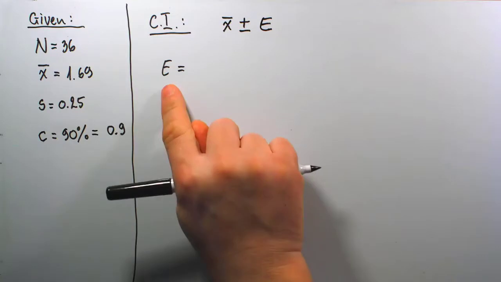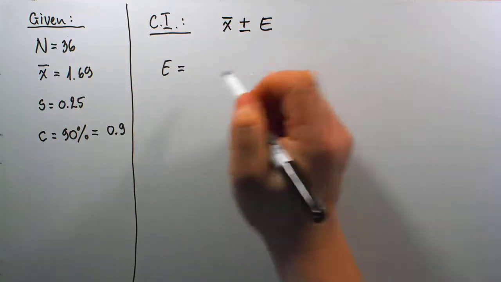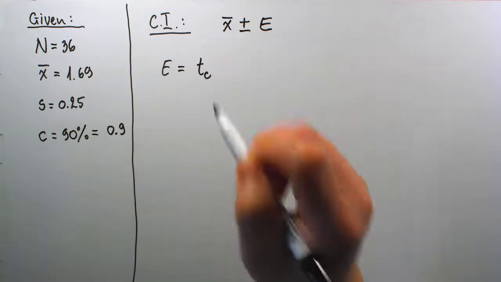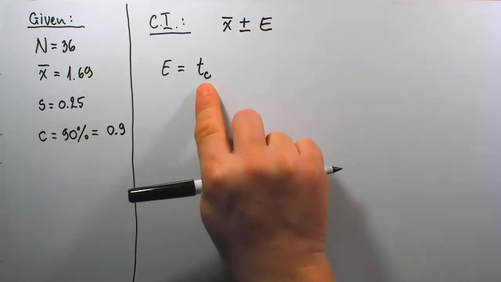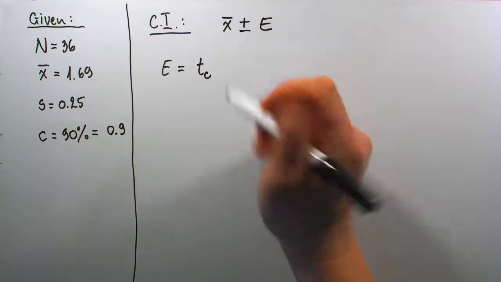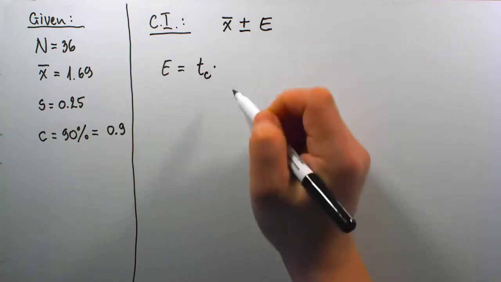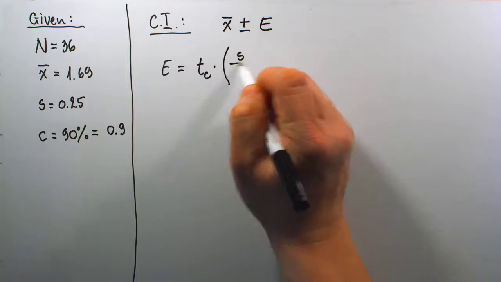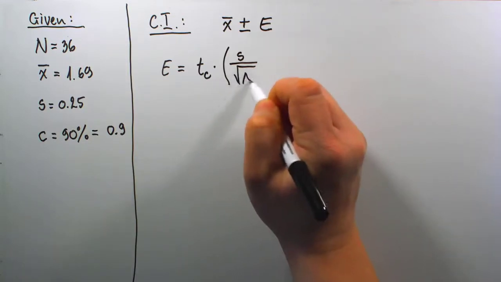The margin of error is calculated by a value that I call t sub c, and I will explain how to find that t sub c, multiplied by a fraction s over square root of n.